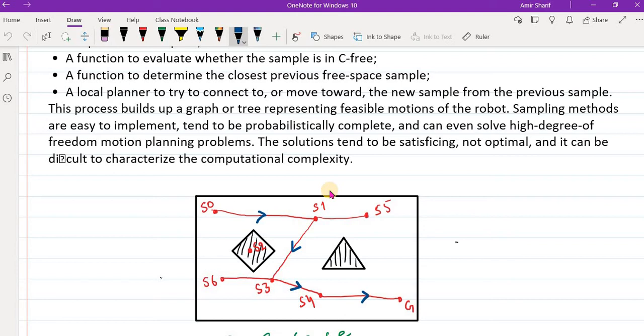Yeah, the previous two methods that we studied, the visibility, the complete methods and the grid methods, were mostly used to solve low dimensional problems where your C space was very simple, but they were not feasible for high dimensional C space problems.